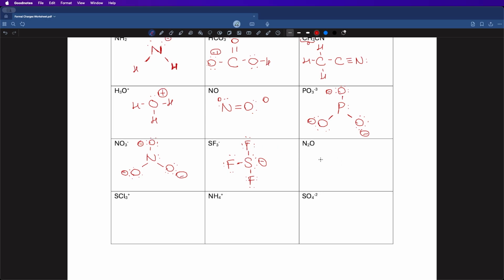N2O, this next problem, the only way we can arrange this to give the molecules what they want and really make it possible, right? This nitrogen on the left has exactly what it wants, right? 3 bonds and 1 lone pair.